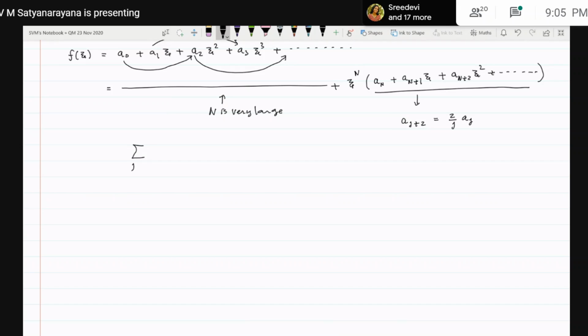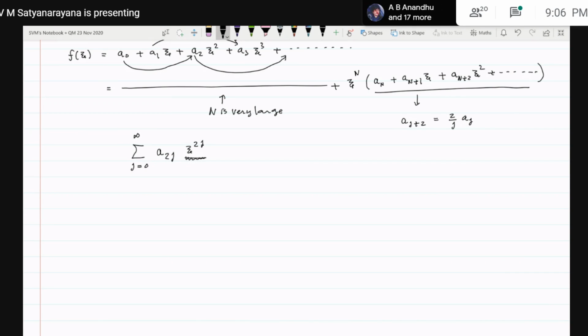Let's say sum over j equal to 0 to infinity of a_j into xi to the power 2j.